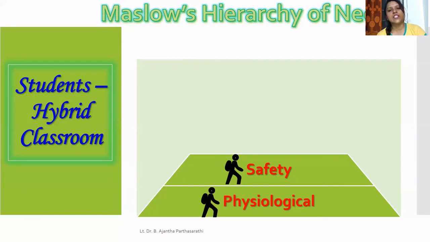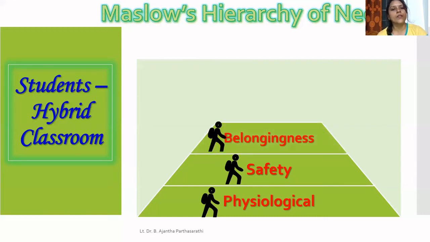The third aspect is belongingness. This hybrid mode of teaching and learning has more facilities to maintain and strengthen the relationship between the learner and the instructor, as well as it will strengthen the peer group interaction too.